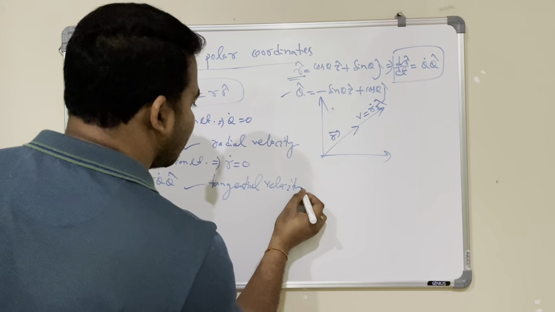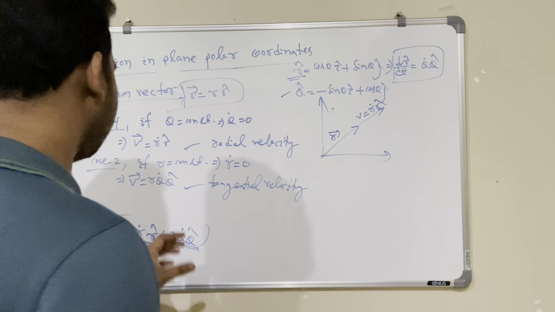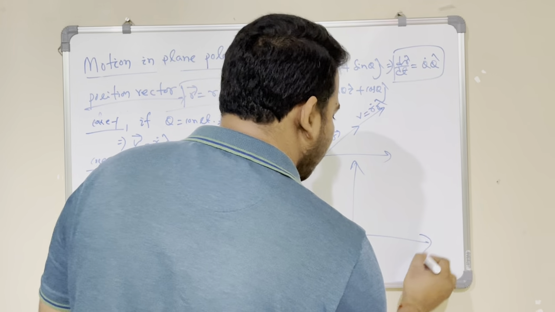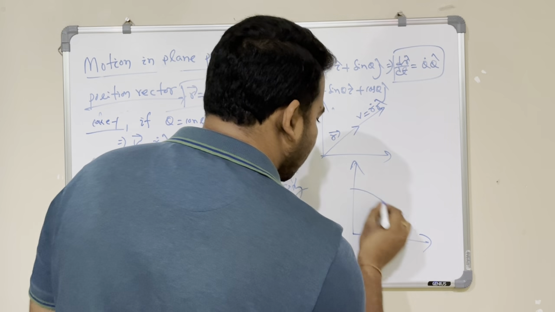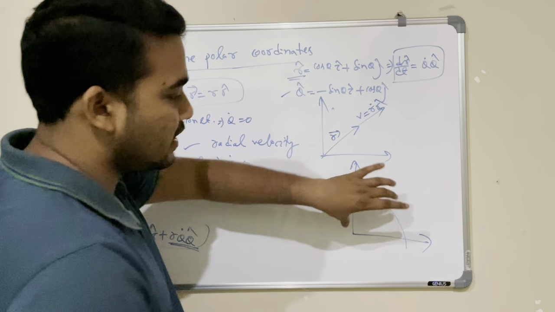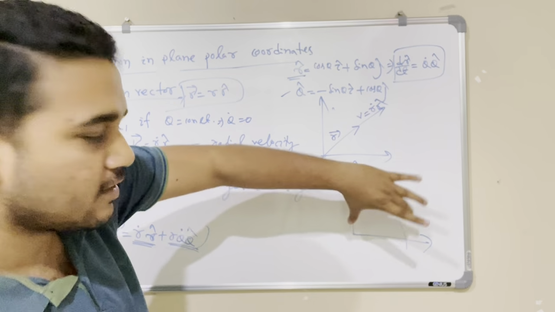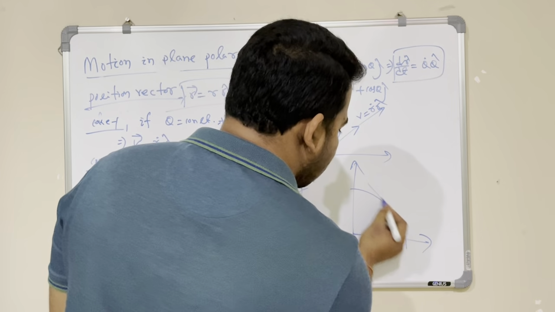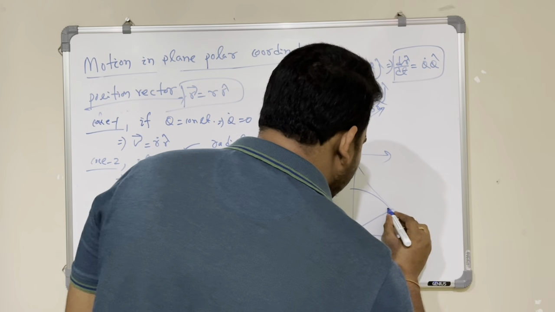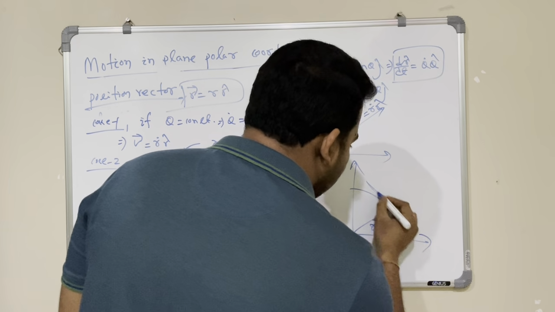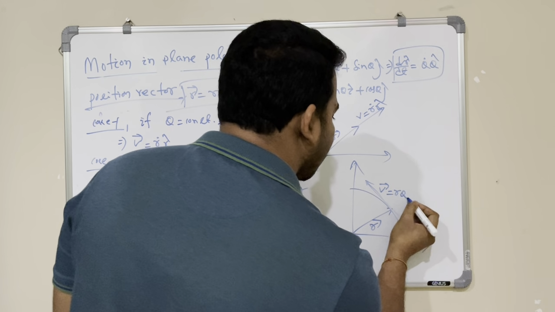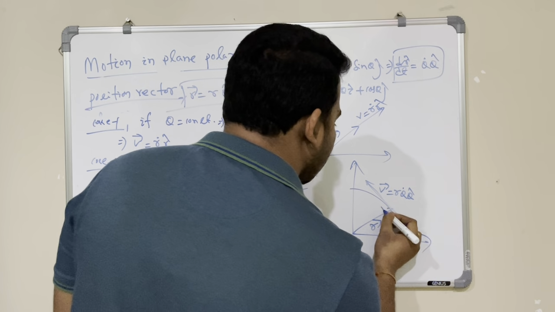That means the velocity is only in the tangential direction. r equals constant means a circular path. The radius remains the same on the circular path. On that path, let's say here is the position vector r vector, this is the direction of theta cap. The velocity is r theta dot theta cap.